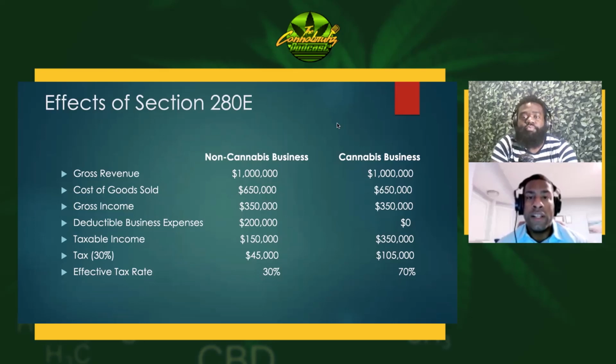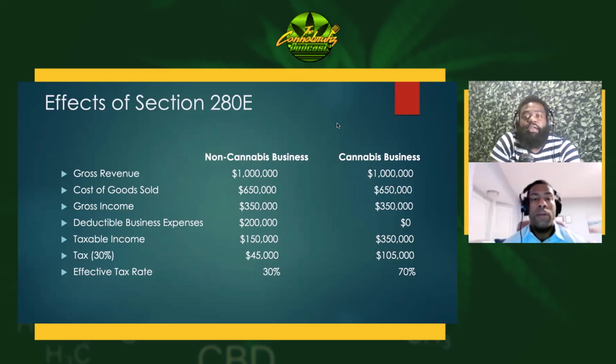This is basically your expenses that you need to set up your business to get ready to operate, like ice cream cones. Subtract the cost of goods sold from their gross revenue, and now their gross income is $350,000.